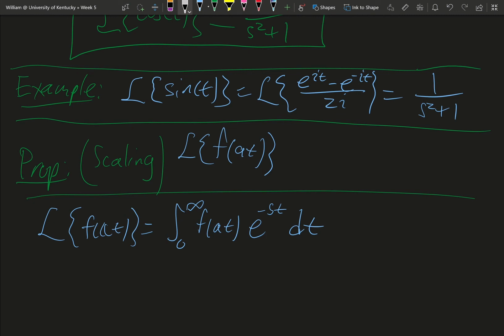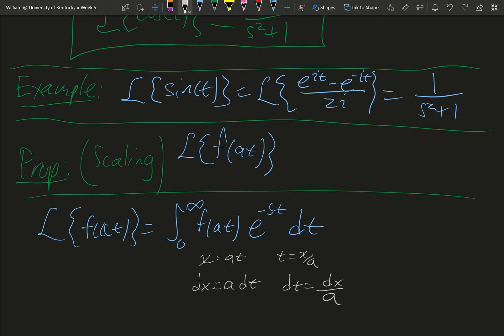So what I'm going to do is let x equal a times t, which of course means t equals x over a, and dx equals a dt, or dt equals dx over a.